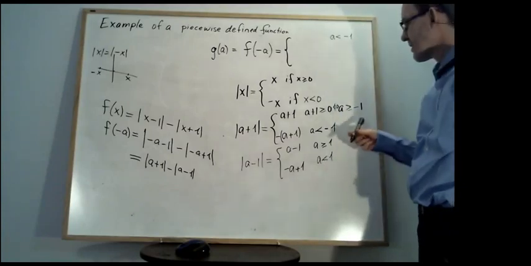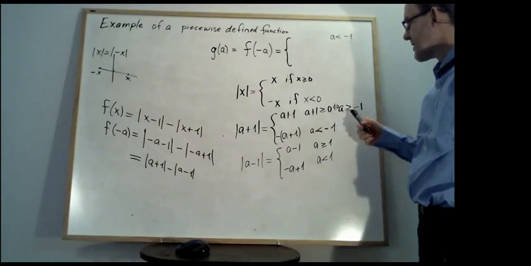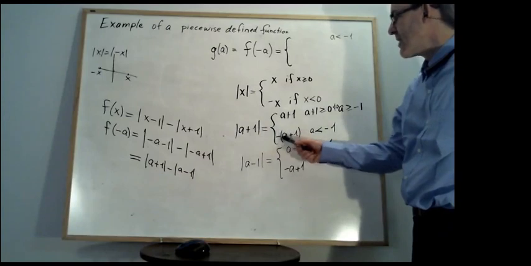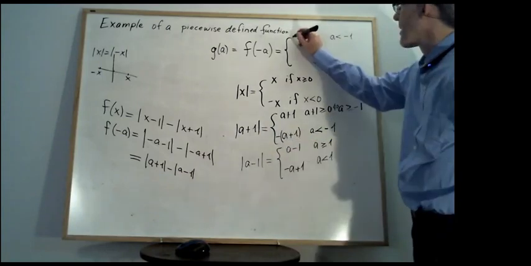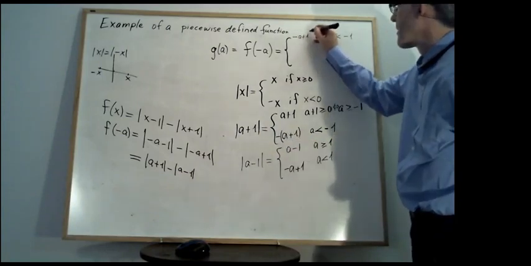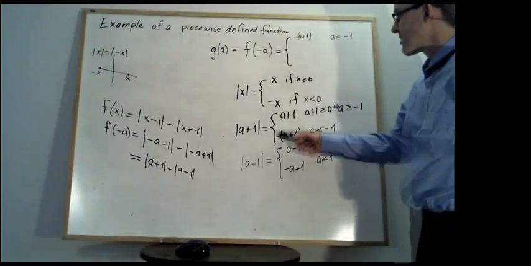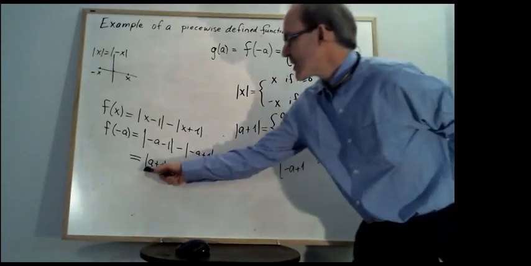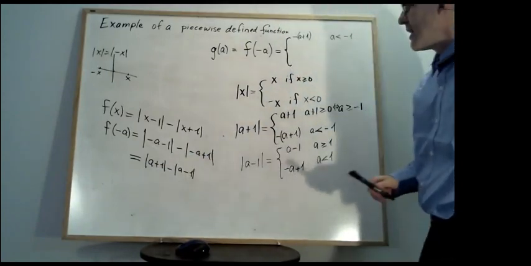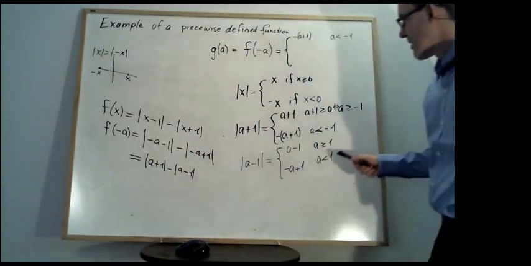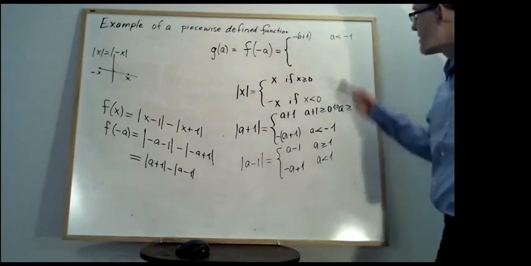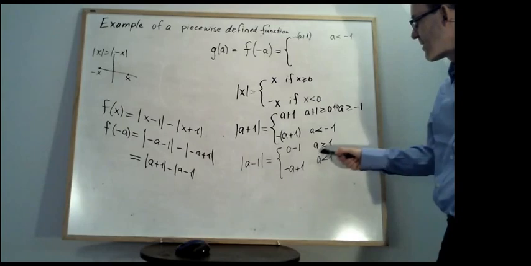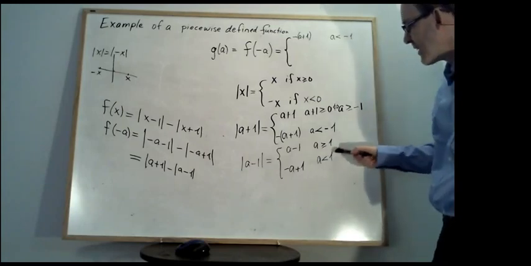Okay, so in that case, a is less than -1, then the first function will be minus a plus 1. Minus applies to both terms if I expand the brackets. So that's what I get from this. And then I get minus, well, what does that evaluate to for a less than -1? Well, I'm in this case right here. If a is less than -1, then a is certainly less than 1.